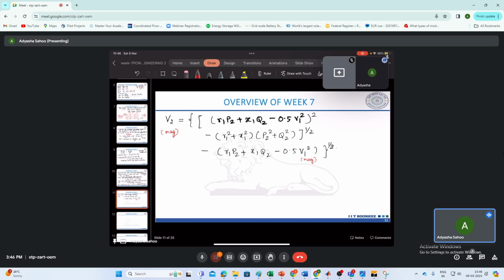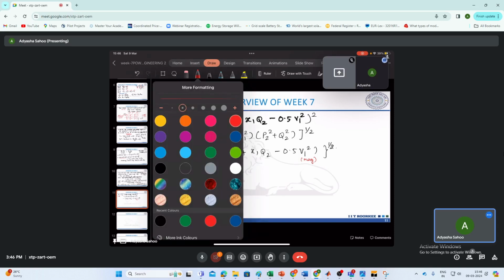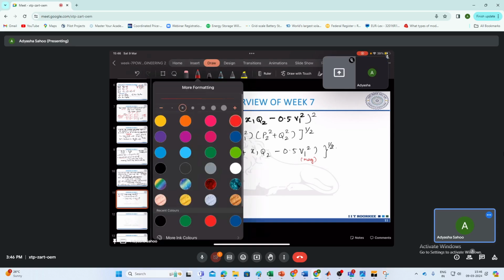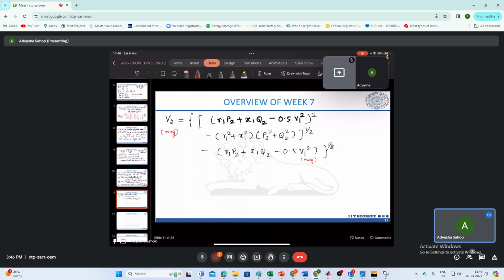So from here we defined two terms, that is T and A. So V at the receiving node. This is the receiving end, this is the sending end. Let me write it as M2, this is M1, M2, and this branch is JJ, let's say.